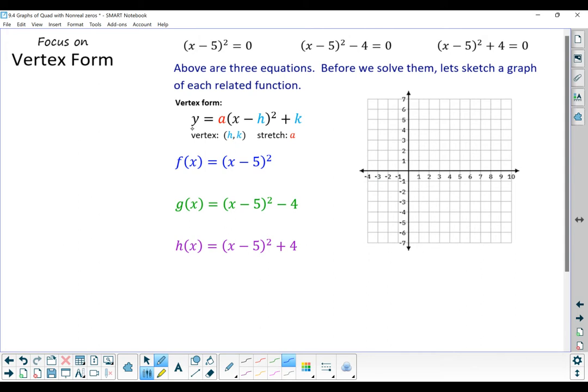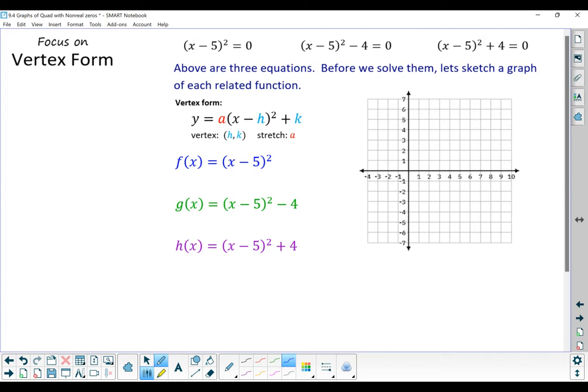So remember that if we have a function in vertex form, y equals a multiplied by x minus h squared plus k, the h and the k give us the vertex of the parabola, and the stretch factor a is what we'll graph using that 1, 3, 5 pattern. So these parabolas all have a stretch factor of 1, which means they are just going to follow a 1, 3, 5 pattern.